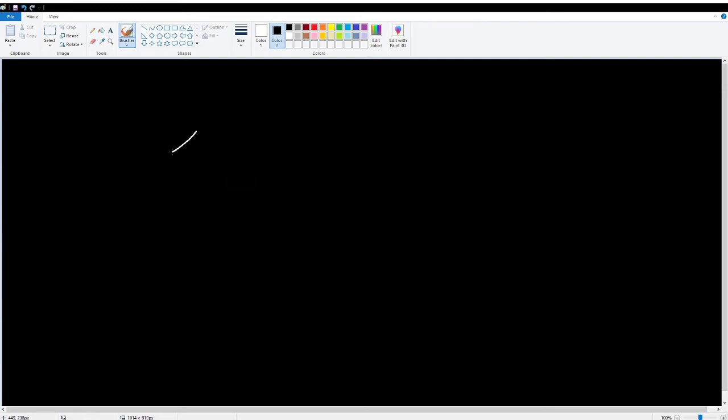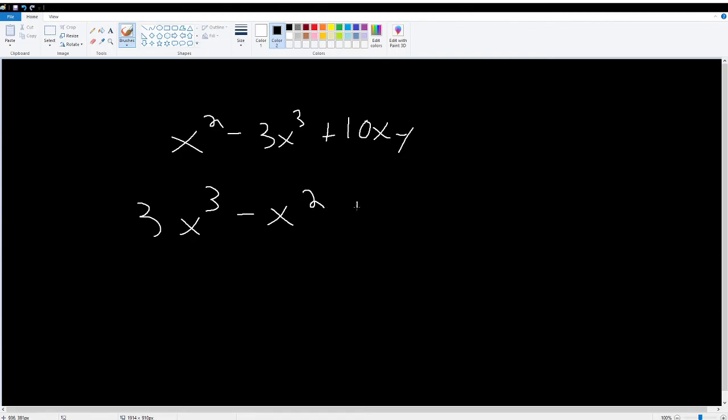So if I had x squared minus 3x cubed plus 10xy, to put this into standard form, I would have to make it go from greatest to least. So I would have 3x cubed minus x squared plus 10xy. This is standard form because the degrees go from greatest to least.